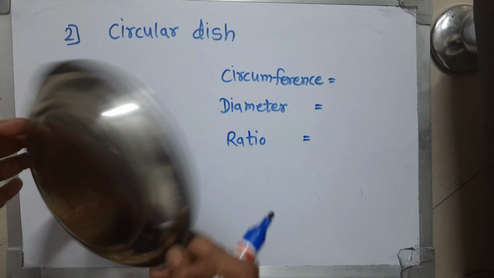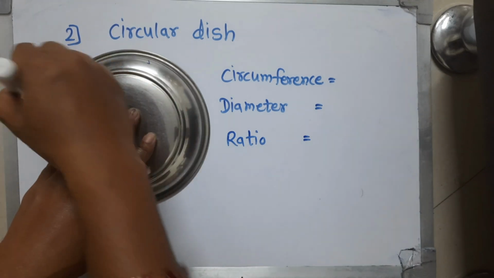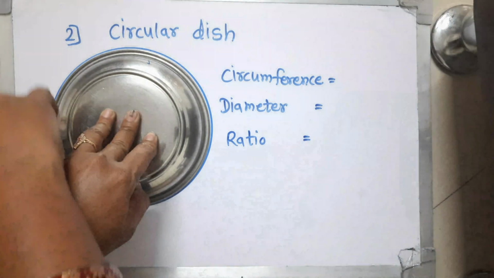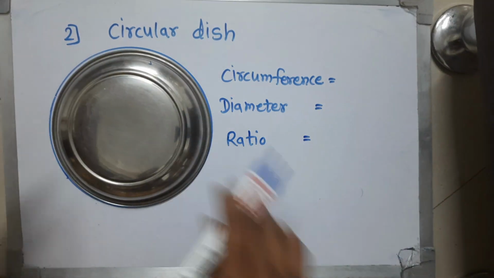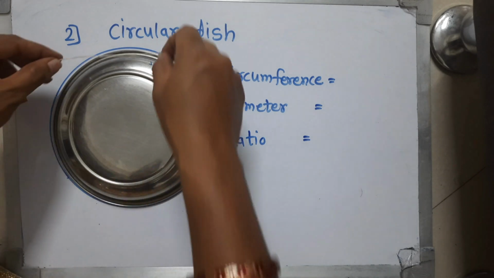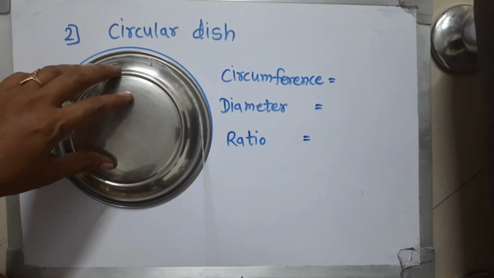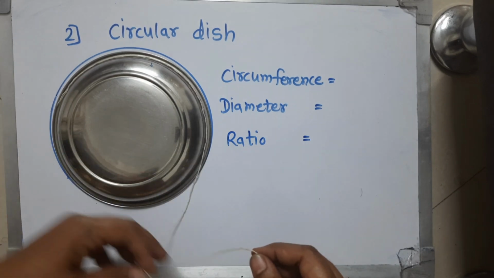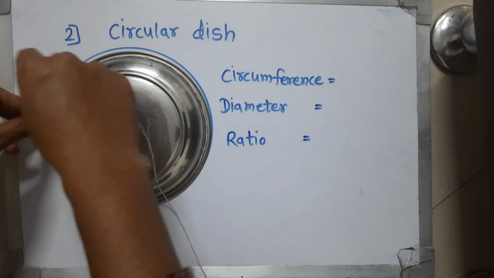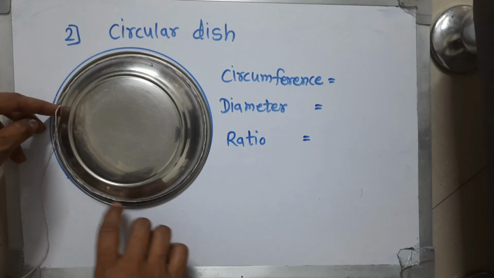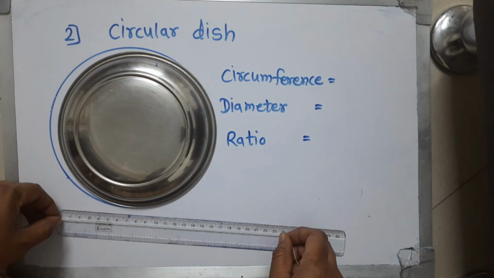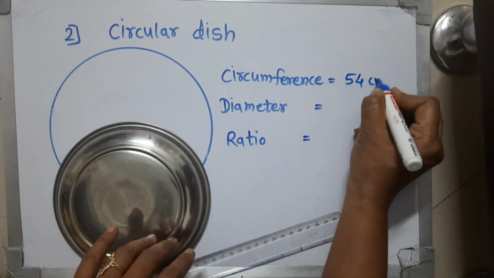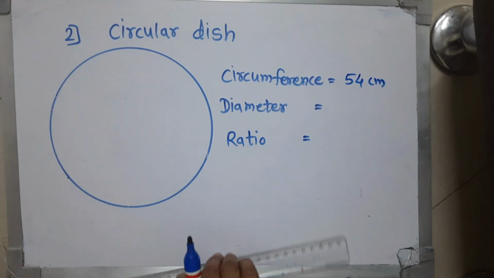Next, I take a circular dish. To draw a circle, I trace the outline of the dish and use thread to measure the circumference of the dish. Use thread for measurement and take scale for measuring the thread. Measurement is 54 cm.